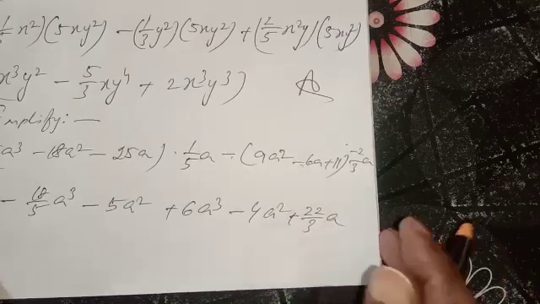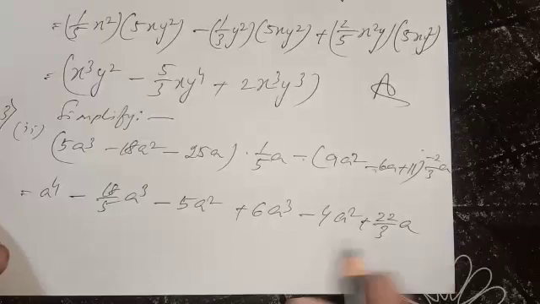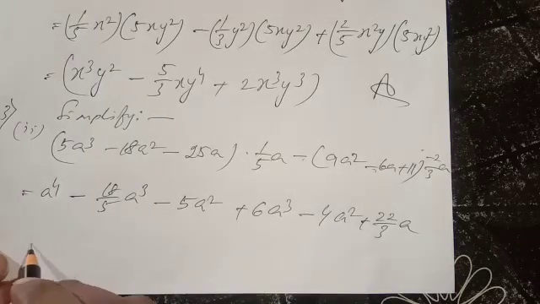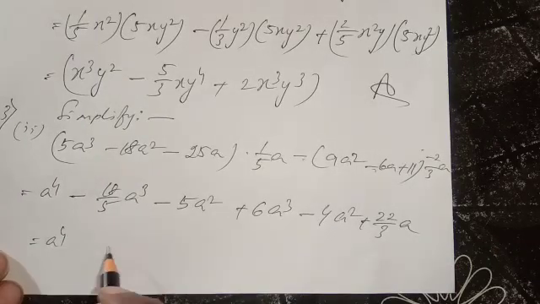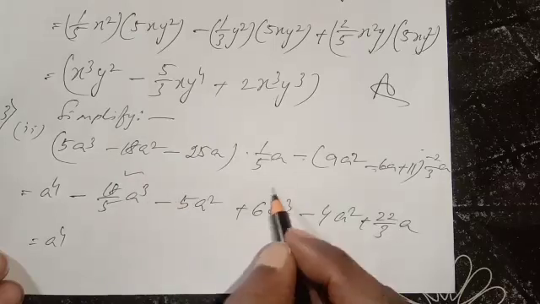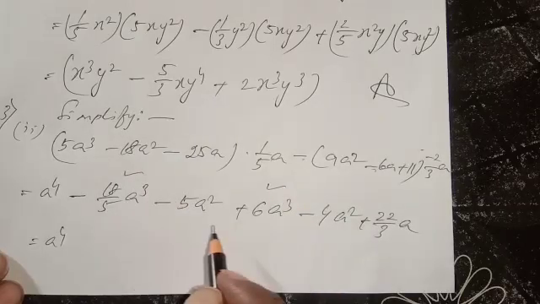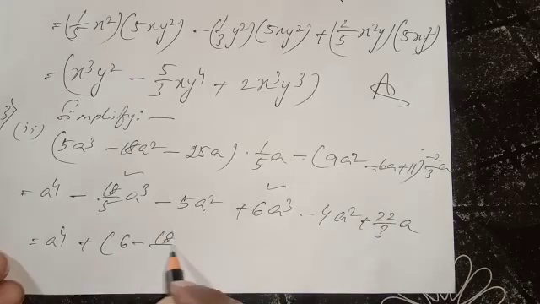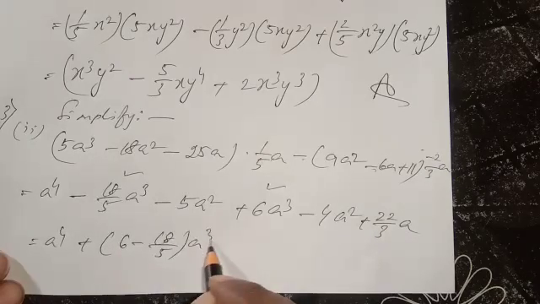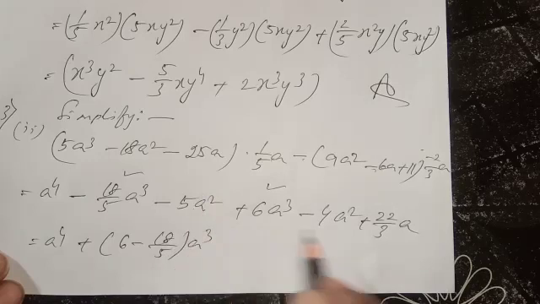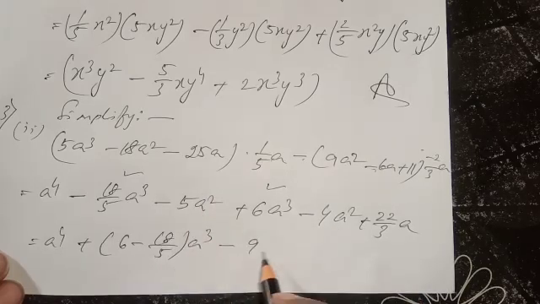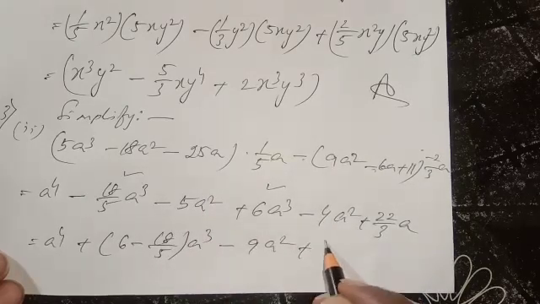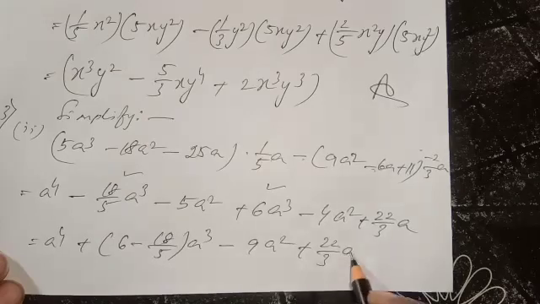Now see what the like terms are. a to the power 4 only one. This is a cube, this is also a cube. You have to add the powers, means plus 6 minus 18 by 5 a cube, minus 5a square minus 4a square, that will be minus 9a square, plus 22 by 3a.